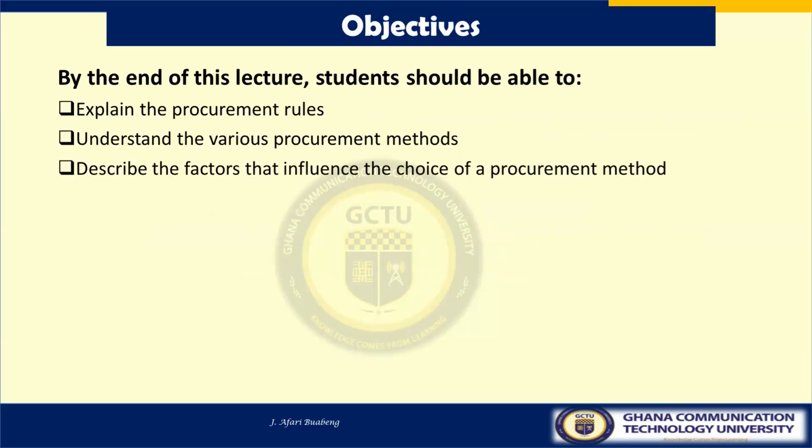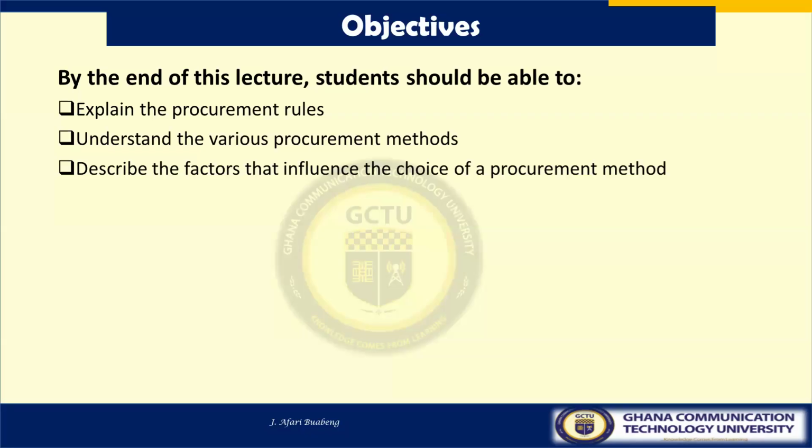So basically, that is what we revisited last week. Today, we will look at procurement rules. Some of you did that last semester, so for the purpose of those who didn't study that, we'll look at the procurement methods and then also consider the factors that influence the choice of a procurement method.